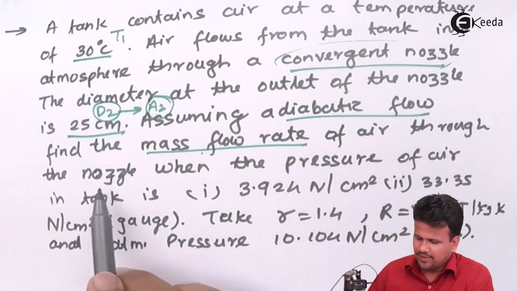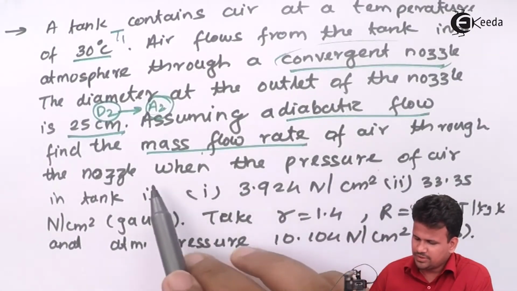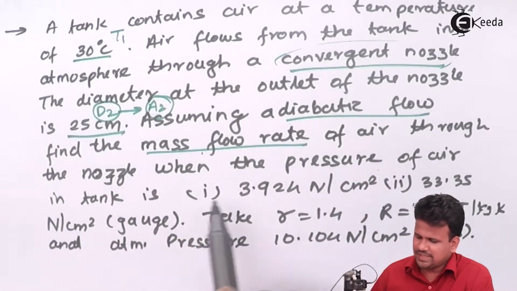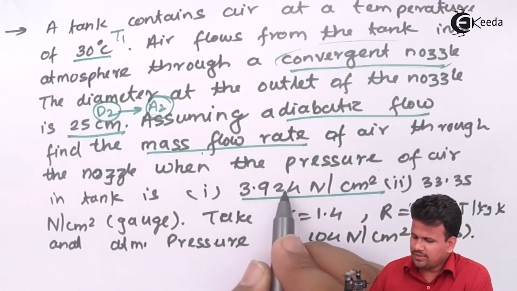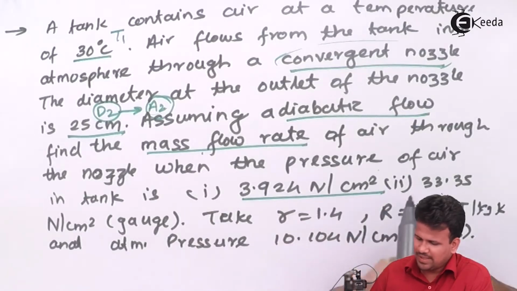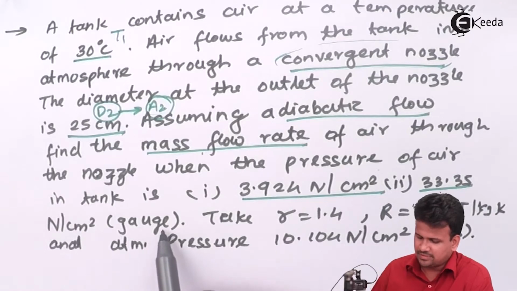When the air flows through the nozzle, the pressure in the tank is given to us as 3.924 Newton per centimeter square and 33.35 Newton per centimeter square.